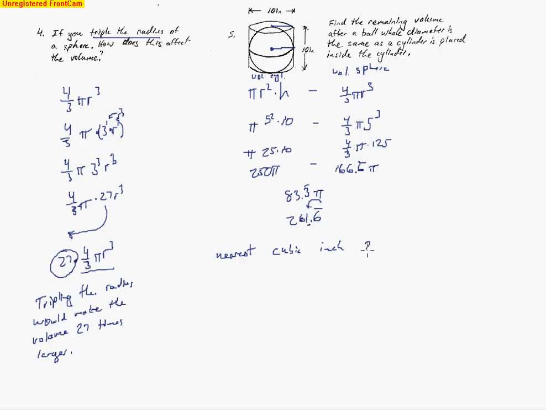So I would say 262 cubic inches is the space left over in the cylinder. So those are the types of problems that you'll see on that assignment. Good luck.